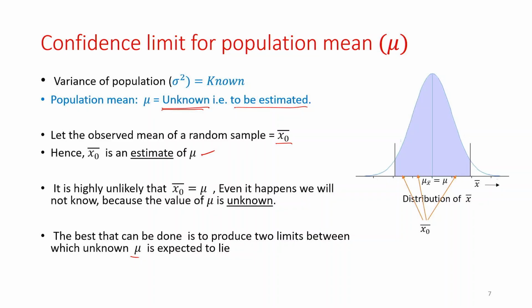And we can say, with a certain level of confidence, that the population mean is going to lie between these two values. These limits, the lower limit and upper limit, are known as confidence limits.